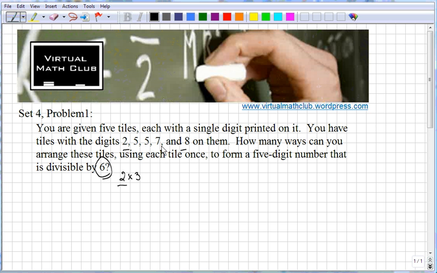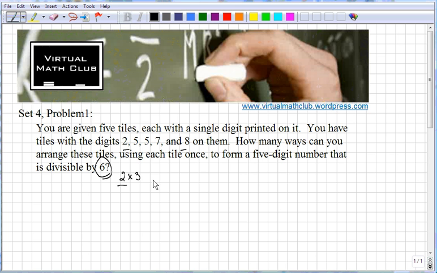So really any combination, should I say permutation, of these digits is going to be divisible by 3. But not all of them are going to be divisible by 2, because only the numbers ending in 2 and 8 are going to be divisible by 2.